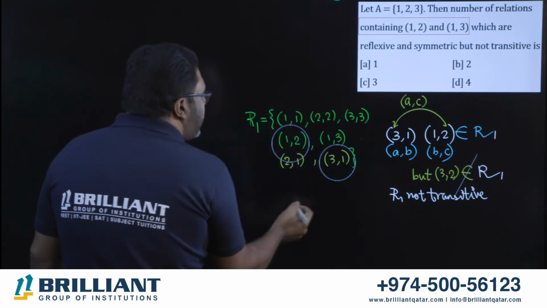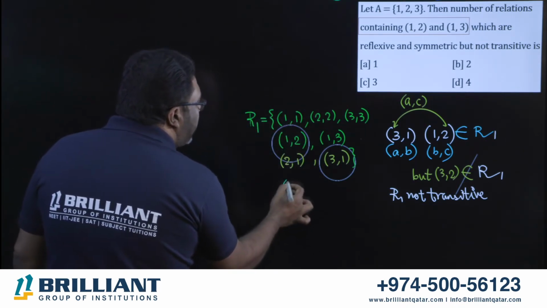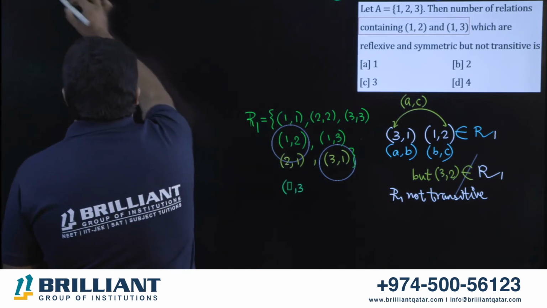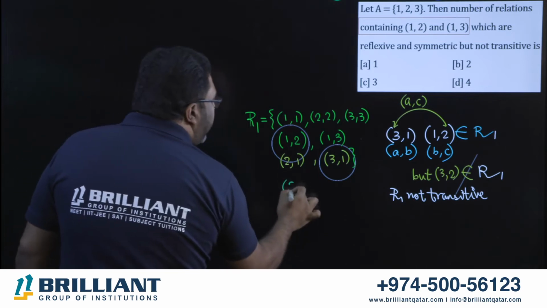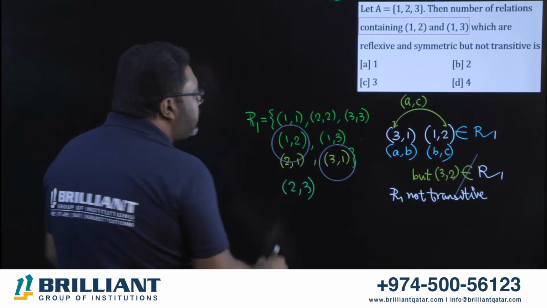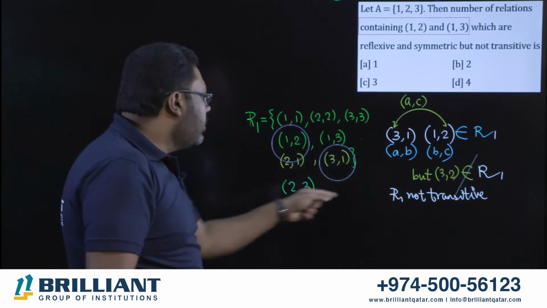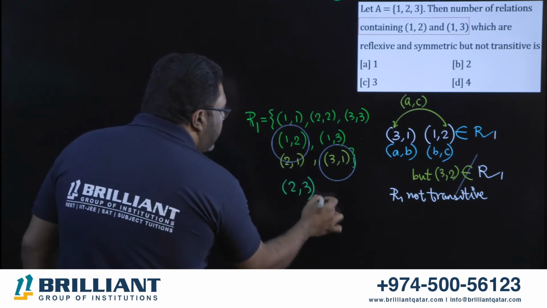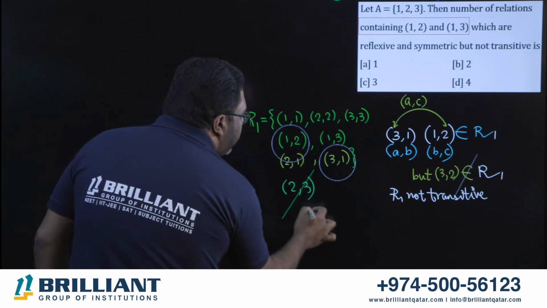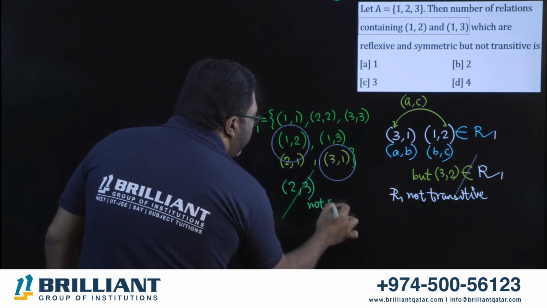Sometimes students will argue, sir, why not simply put a 2, 3 here? Isn't it another relation which is reflexive and symmetric but not transitive? Simply putting a 2, 3 is not going to create a problem because 3, 2 is the only problem, right? So why not put 2, 3 here? If you put 2, 3 here, it is no longer symmetric. Get it?